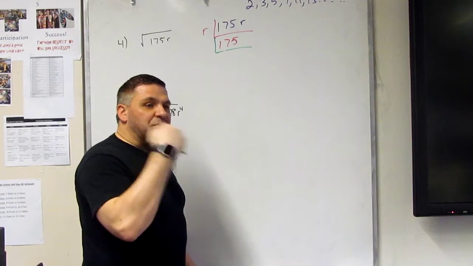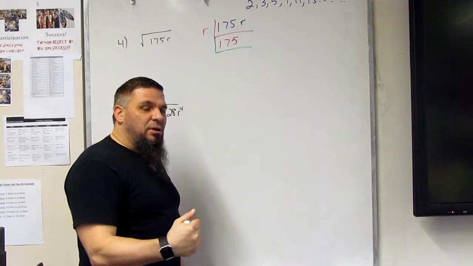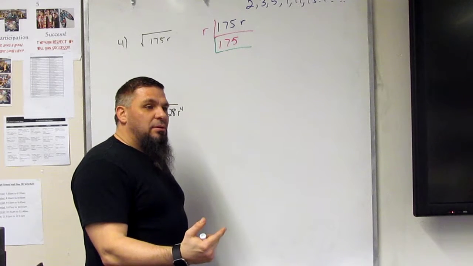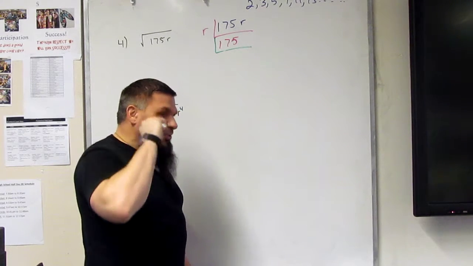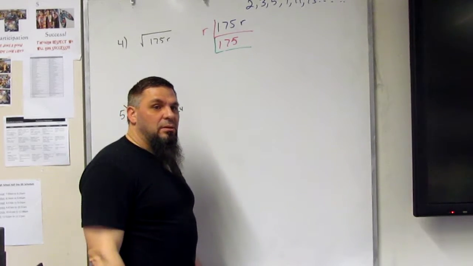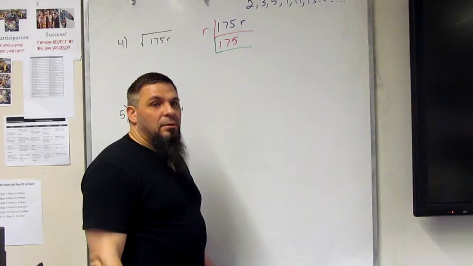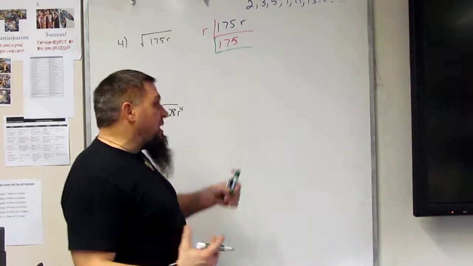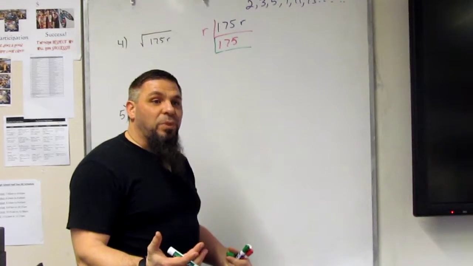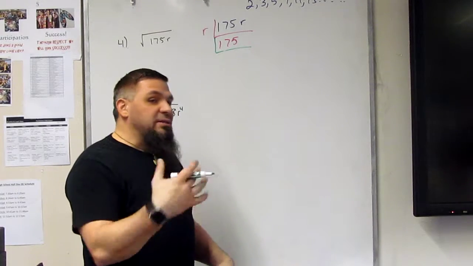What's the trick for 3? You add 1, 7, and 5, which equals 13. That's right, you add them up and that's 13, and 3 doesn't go into 13.